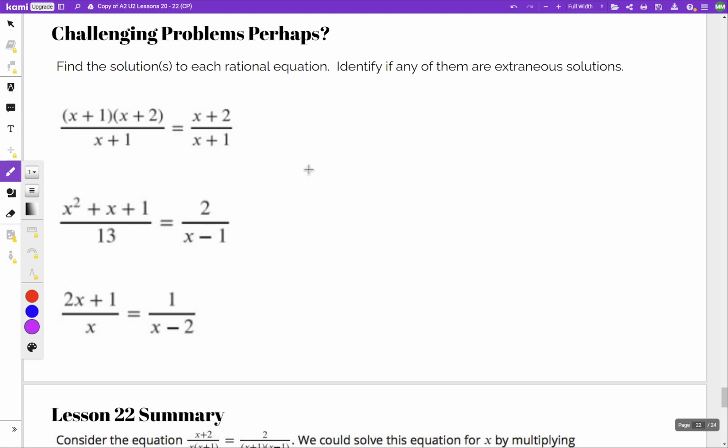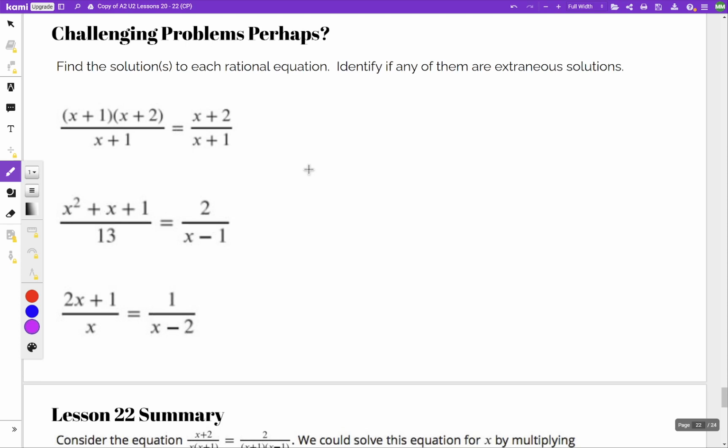Challenging problems, perhaps. Find the solutions to each rational equation. Identify if any of them are extraneous solutions. Ooh, challenge. Tell you what, why don't we pick one and see if we can solve it? Ooh, some of these are good challenges though.